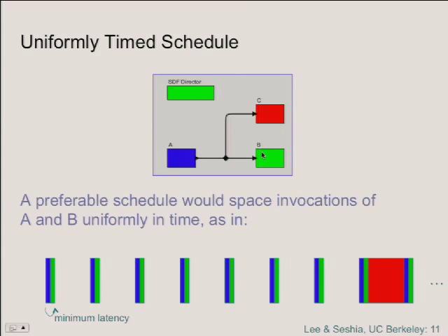Okay? But the disadvantage of this schedule is that it leads to rather poor processor utilization, right? In fact, this long-running computation ends up determining the overall throughput that's possible with your application. So that's not a particularly attractive solution.